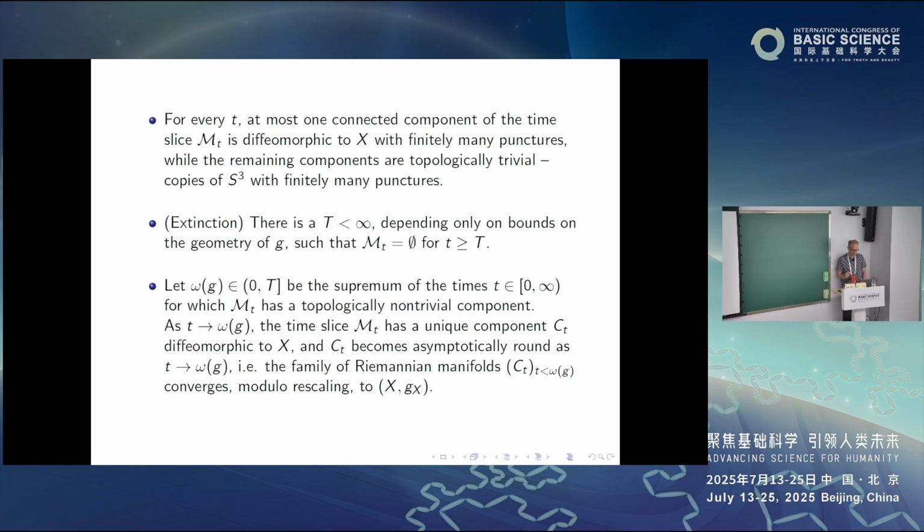The key fact here is that as you approach this time omega_g from below, the time t slice will have a unique component, C_t, which is diffeomorphic to the manifold you started with. It'll have a unique component diffeomorphic to X, and that's not X with finitely many punctures, it's just X itself. Moreover, this component will become asymptotically round as you approach that time omega_g.